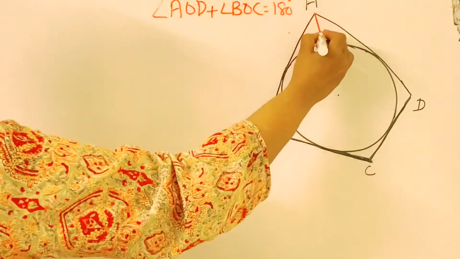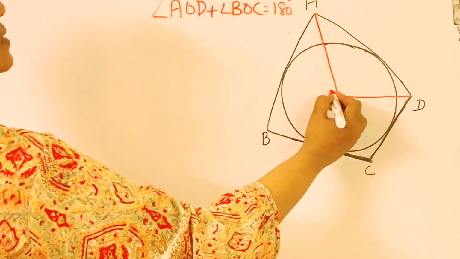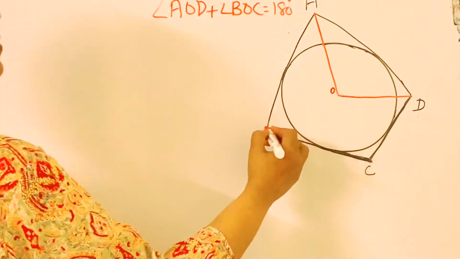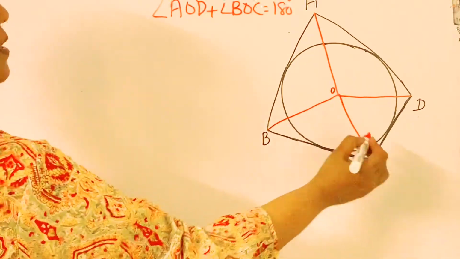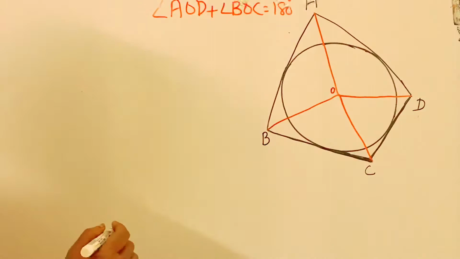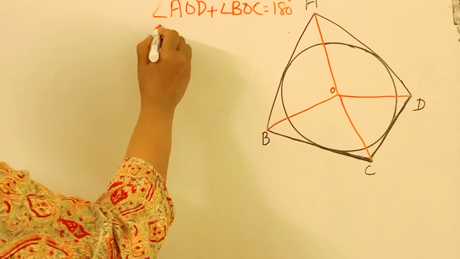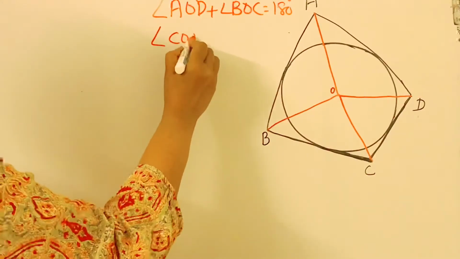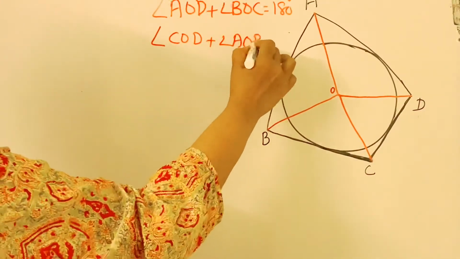That is, this is O. Angle AOD plus angle BOC is equal to 180 degrees, and angle COD plus angle AOB is 180 degrees.